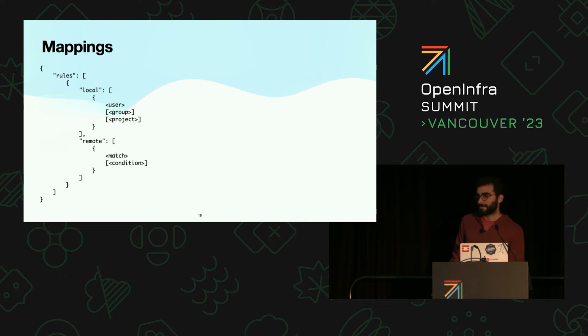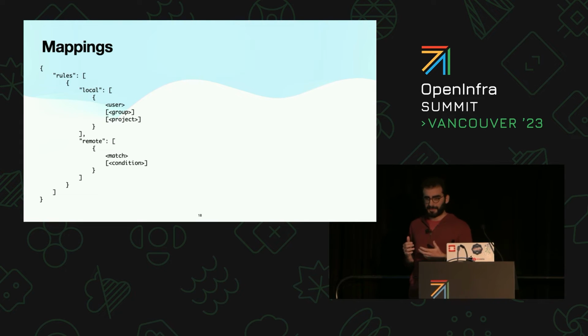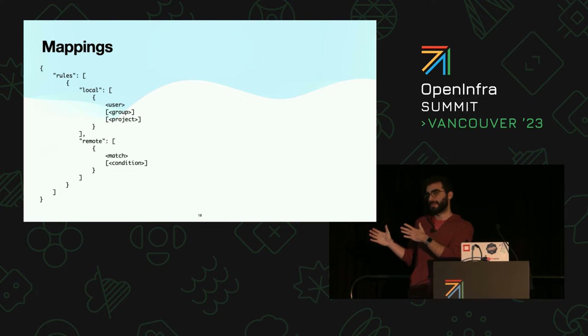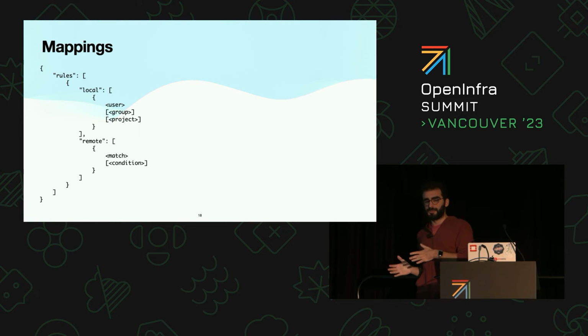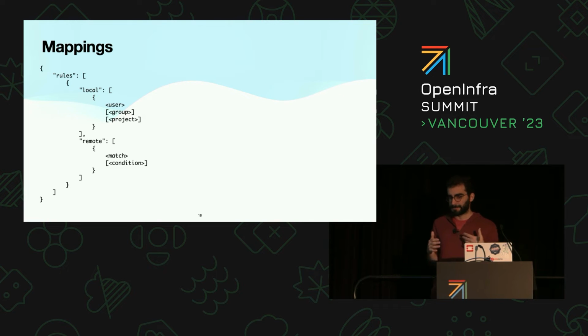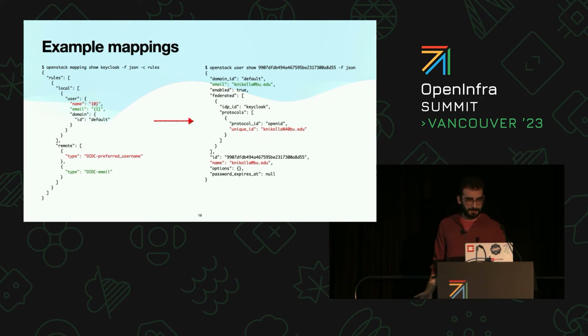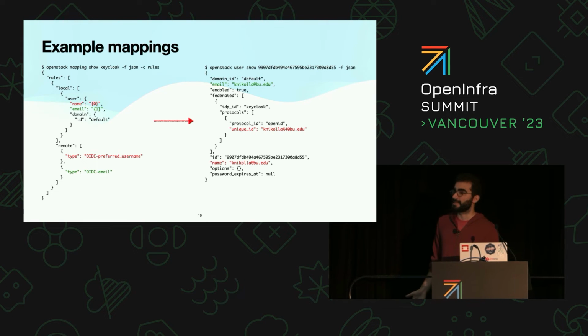We mentioned mappings a lot in the previous slides. What mappings are, they essentially map remote claims into local attributes of the user. Here are the mappings that we're using in the New England Research Cloud.